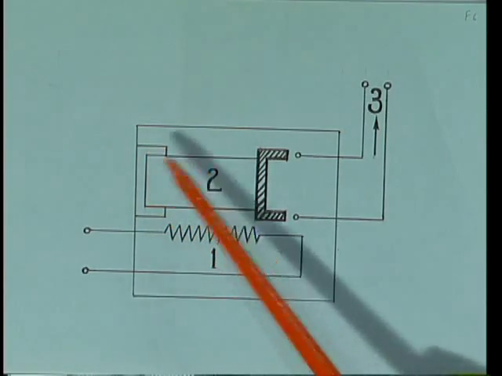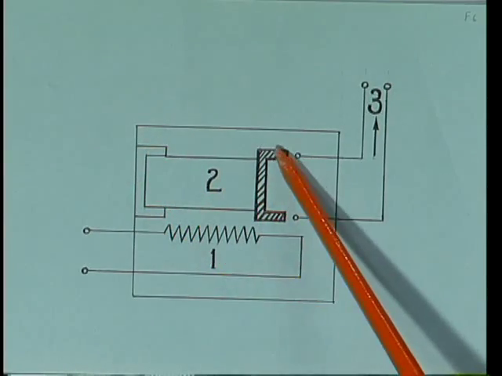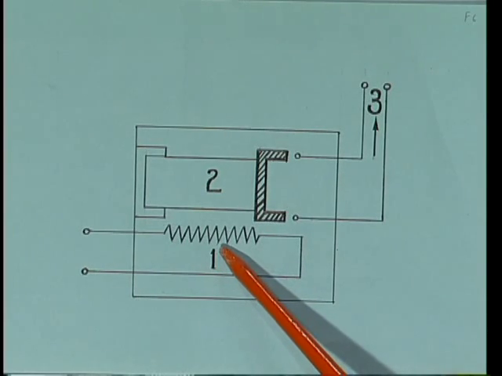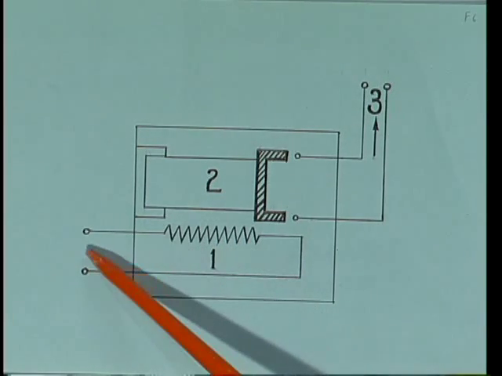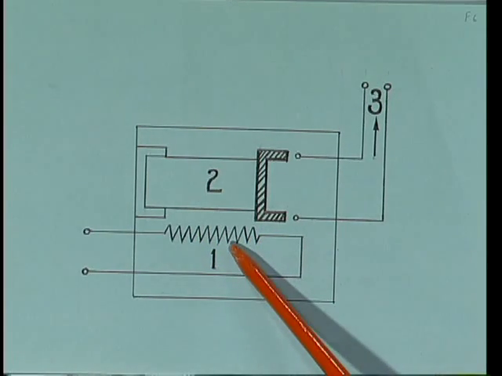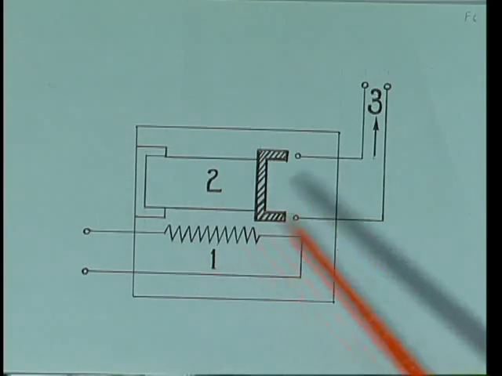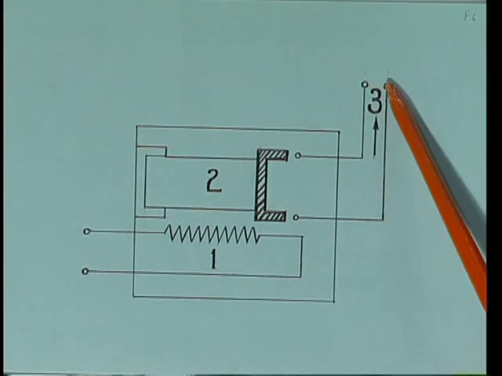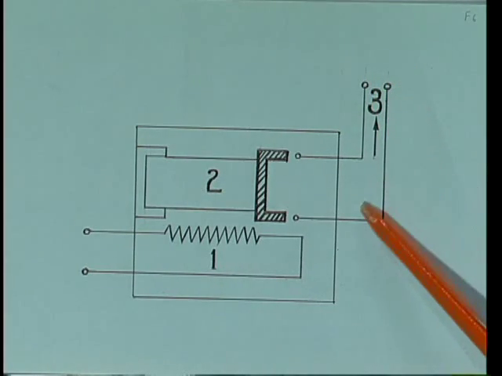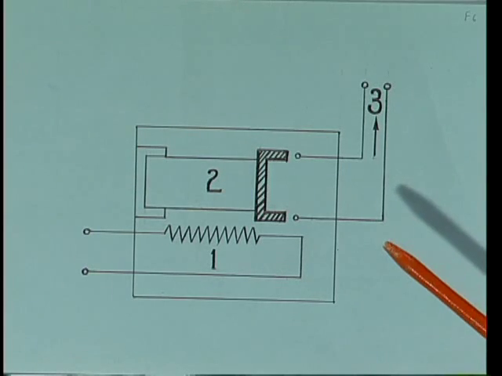One is an insulation support and the other is a metal support. Another part is the element, which is a resistance element connected in series with the relay. And third, there are two terminals. These two terminals are connected to the trip coil. So the construction is like this for the thermal relay.